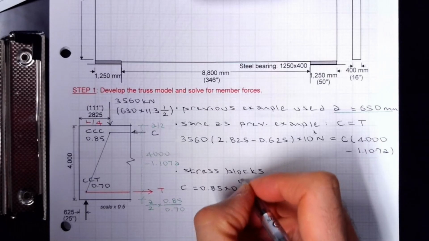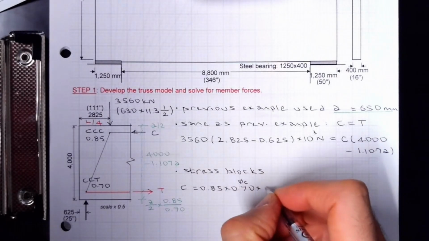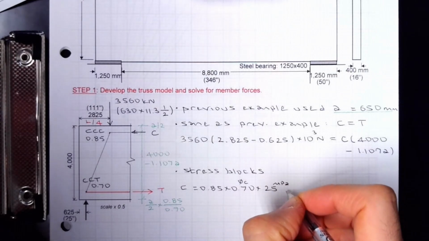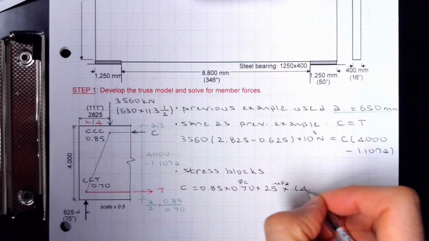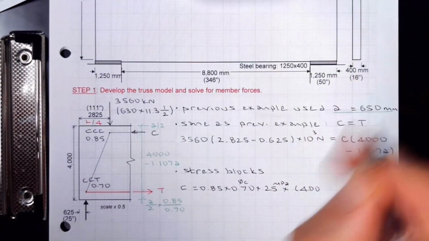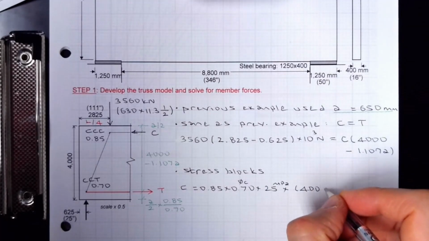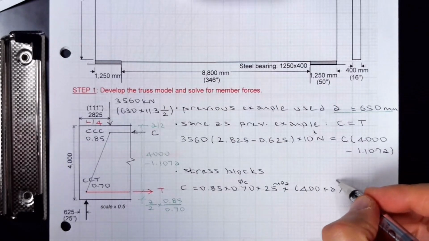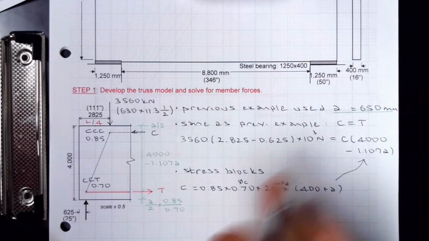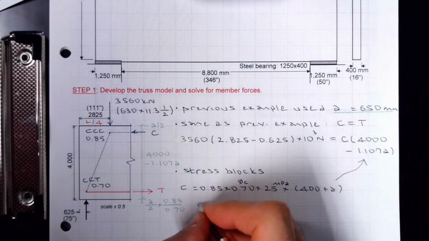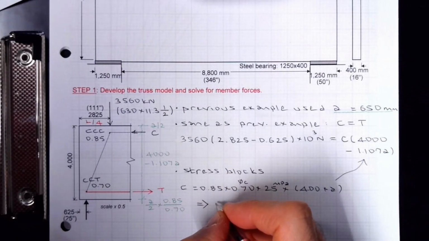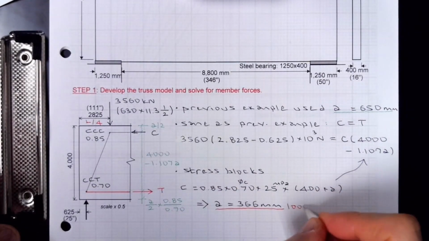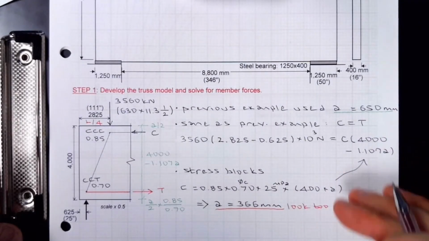Concrete reduction, this is phi C, 0.7. 25 megapascal, that's concrete strength, times 400 thickness, which is 16 inches, times A. You need a calculator or a spreadsheet because it's going to be a second degree equation to solve this. And if you do this, 366 millimeter.